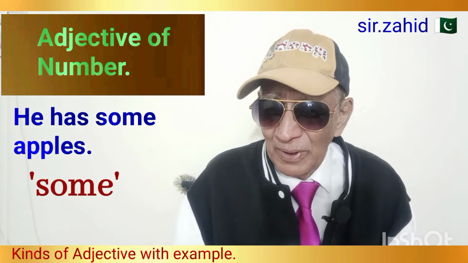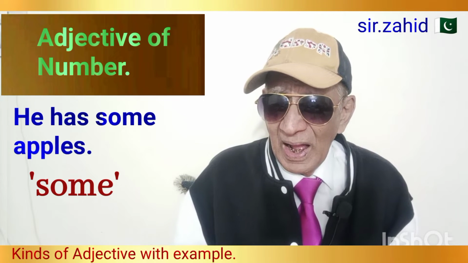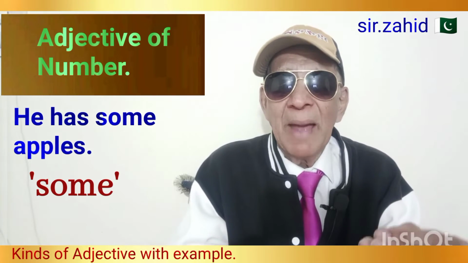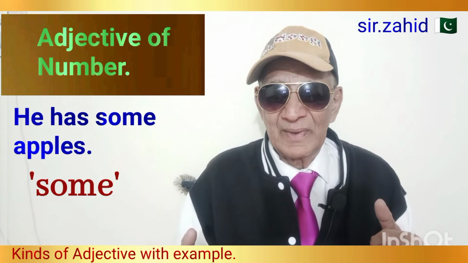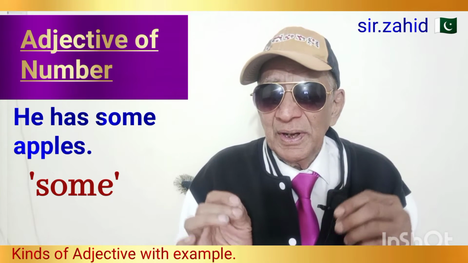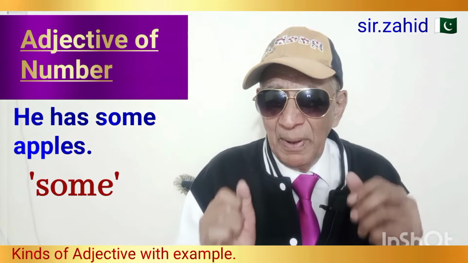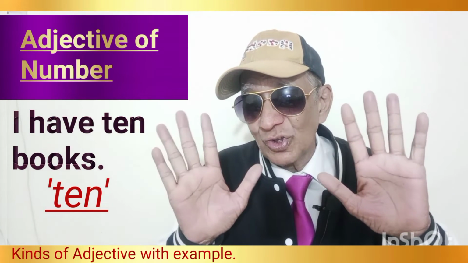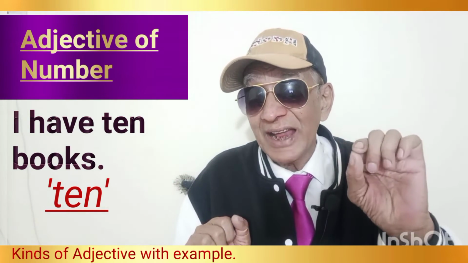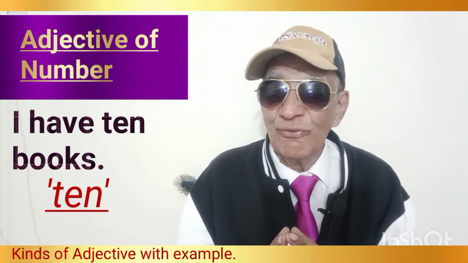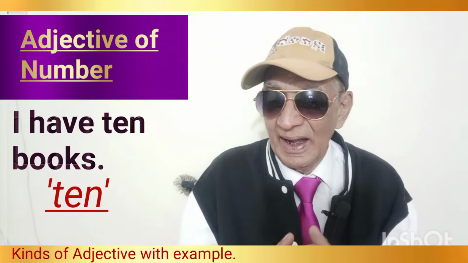For example, he has some apples. The word some is an adjective of number. I have 10 books. The word 10 is an adjective of number.